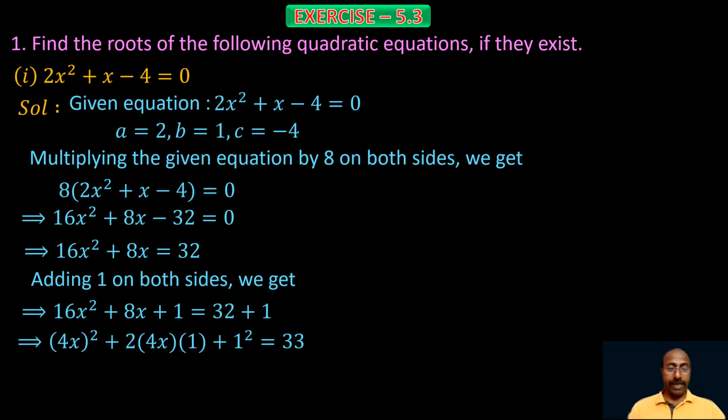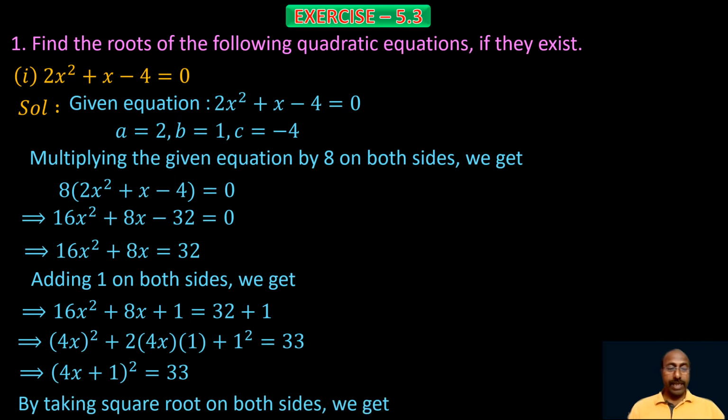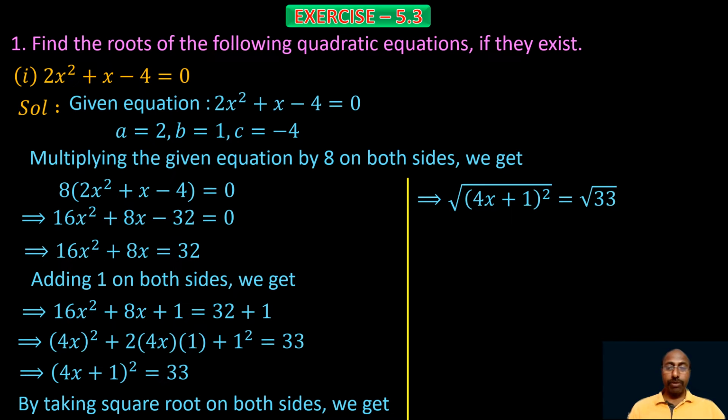So we can write it as 4x plus 1 whole square is equal to 33. Now take the square root on both sides. So under root 4x plus 1 whole square is equal to under root 33. We know that under root 4x plus 1 whole square becomes 4x plus 1, and the square root of 33 is equal to plus or minus root 33.